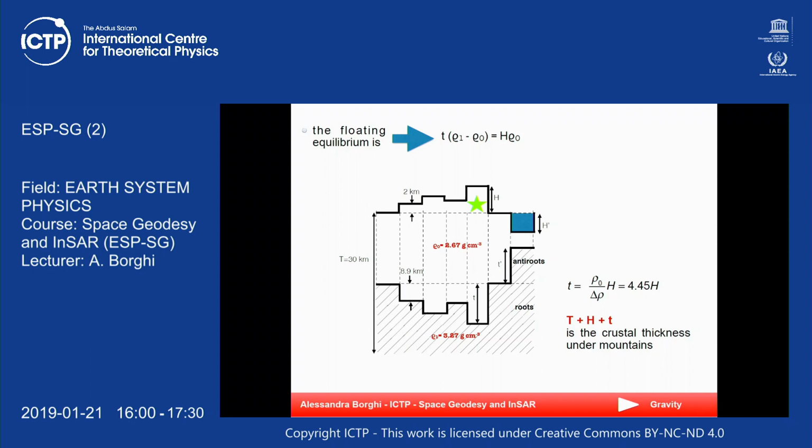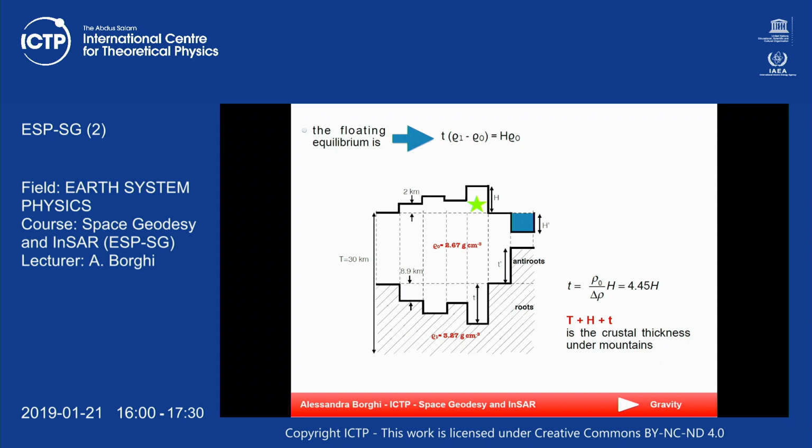So the thickness under the mountains, if you are on the top, is given by the isostatic height, this medium value T, plus the root depth. We obtain this.